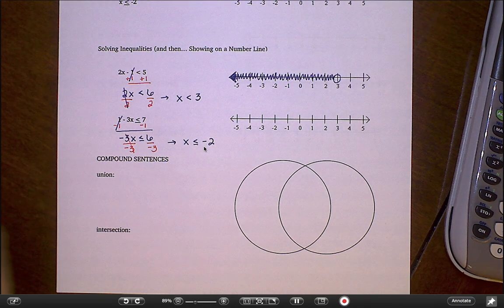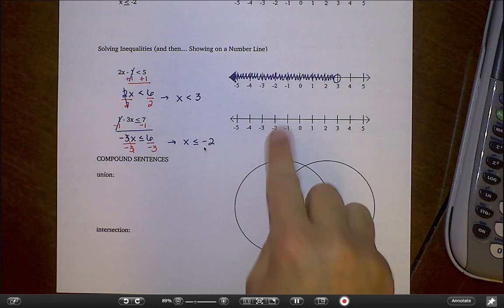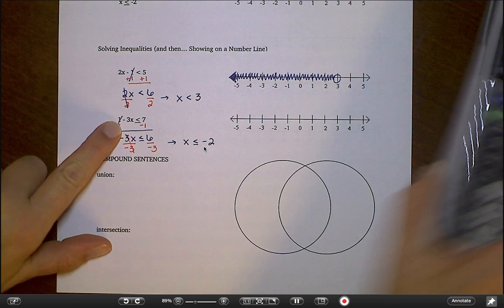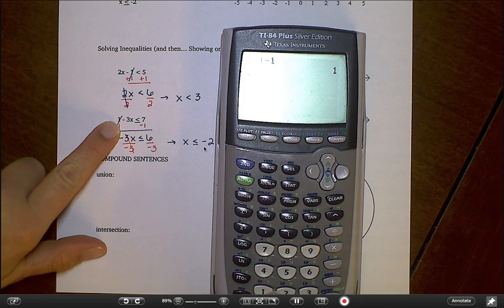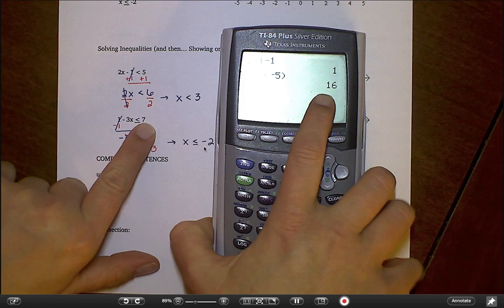Okay, so I'm going to pick something that is less than or equal to negative 2. So I'm going to pick negative 5, because if I'm at negative 2, something less than negative 2 would be negative 5. And I'm going to plug in negative 5 to this statement. So 1 minus 3 times negative 5 gives me 16, which is not less than 7. Okay.